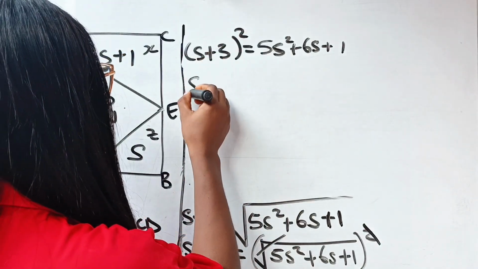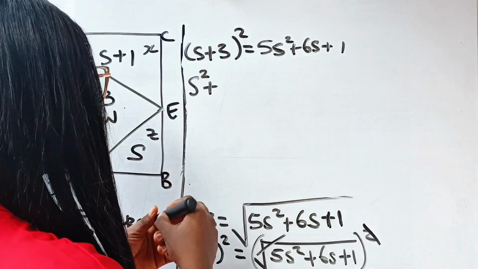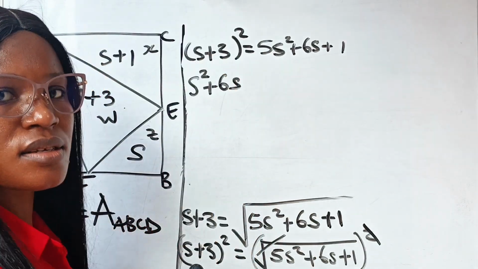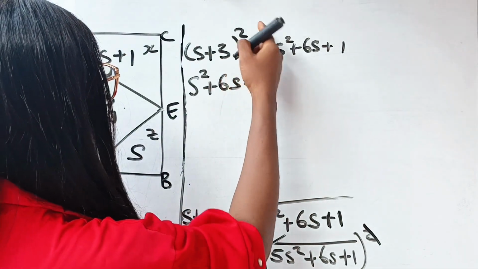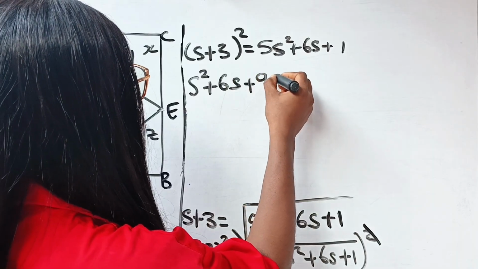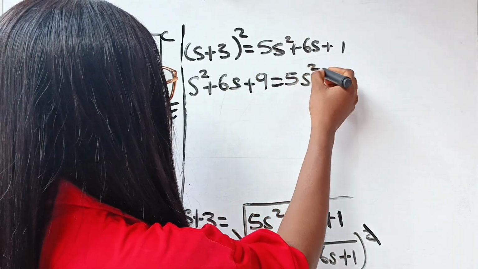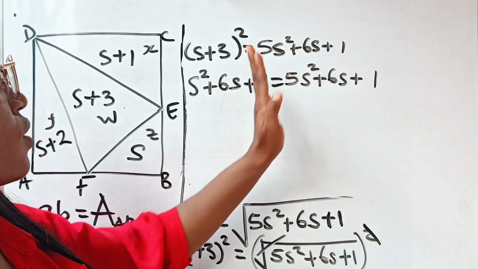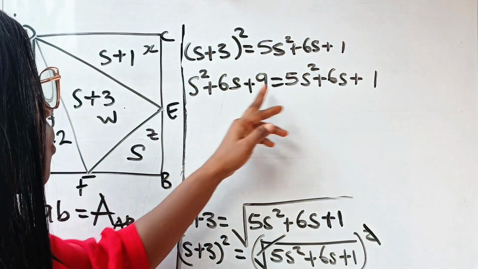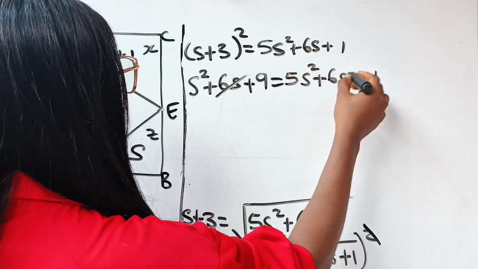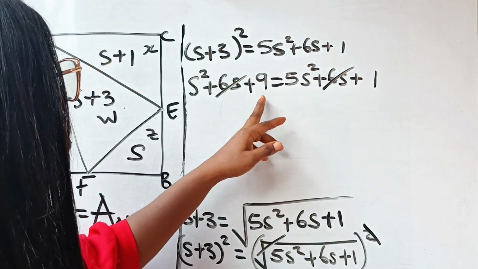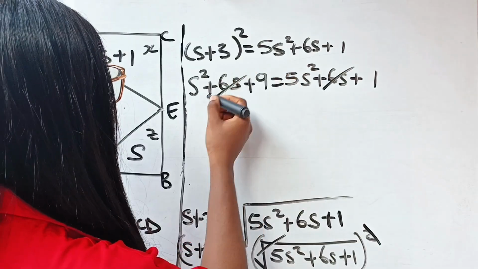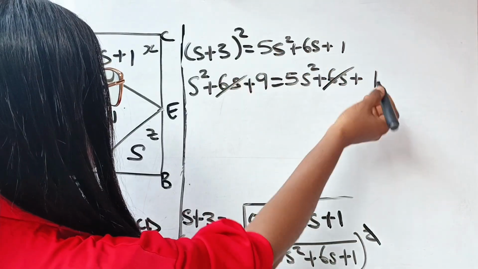S squared plus 2 times 3 times s is 6s, plus 3 squared is 9, is equal to 5s squared plus 6s plus 1. So if we look at this, you can see we have 6s here and we have 6s here. So we can actually remove them. Okay, let's transfer everything to the other side.